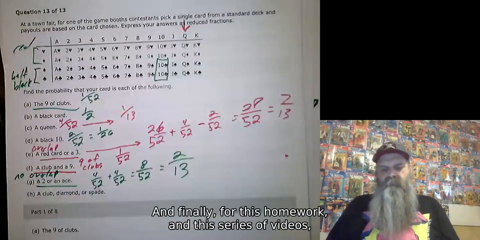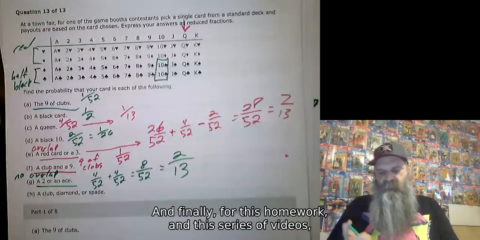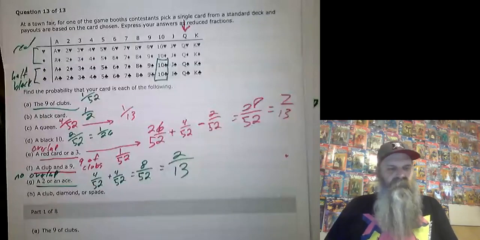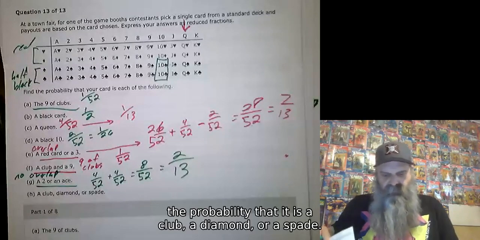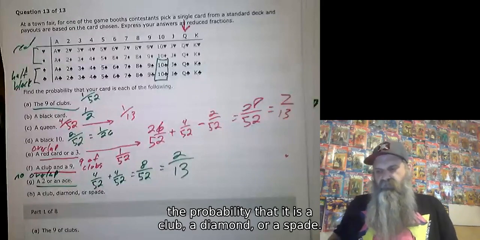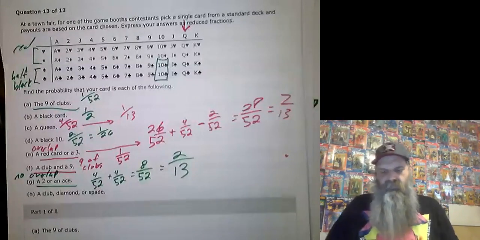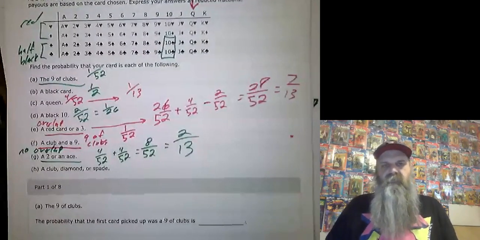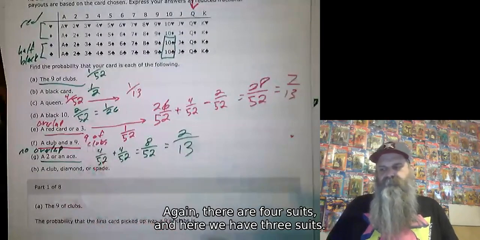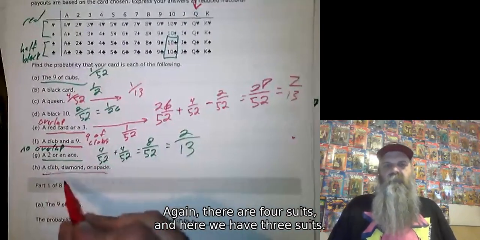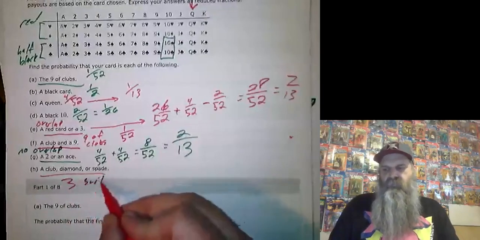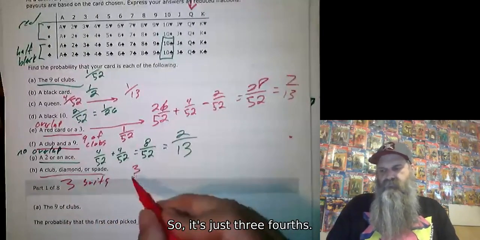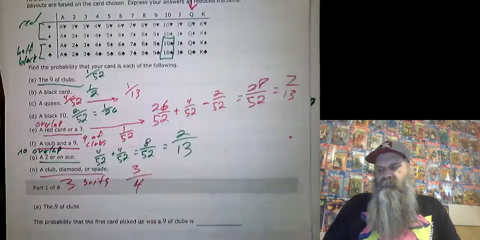And finally, for this homework and this series of videos, the probability that it is a club, a diamond, or a spade. So it's going to give you 3 of the suits. Again, there are 4 suits, and here we have 3 suits. So it's just 3/4.